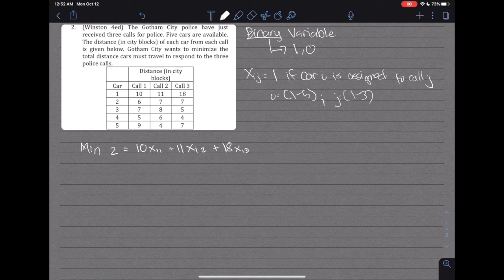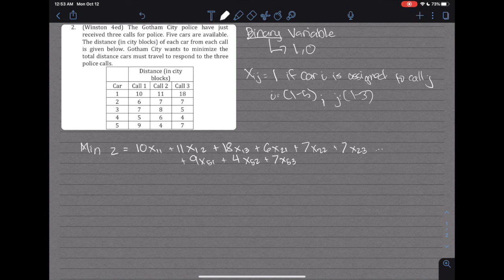Then we just continue on, plus 6x21 plus 7x22 plus 7x23, dot dot dot. For the interest of time, I will just do the last 3: plus 9x51 plus 4x52 plus 7x53.